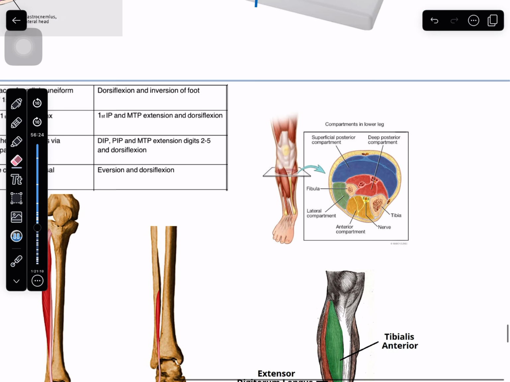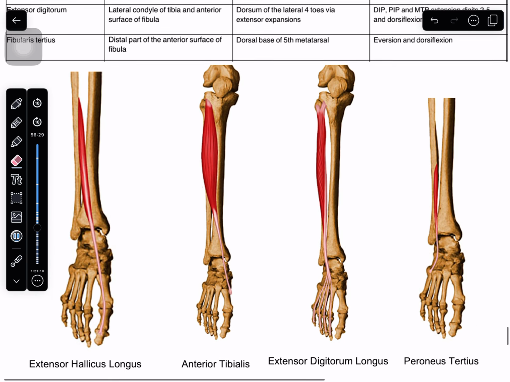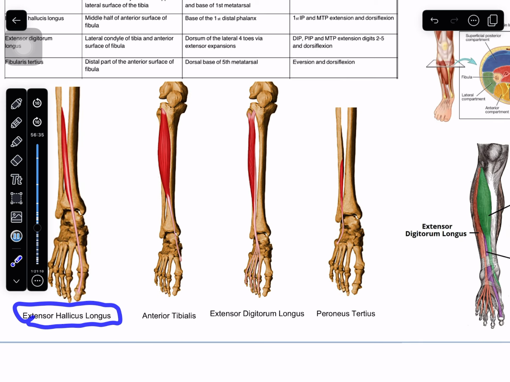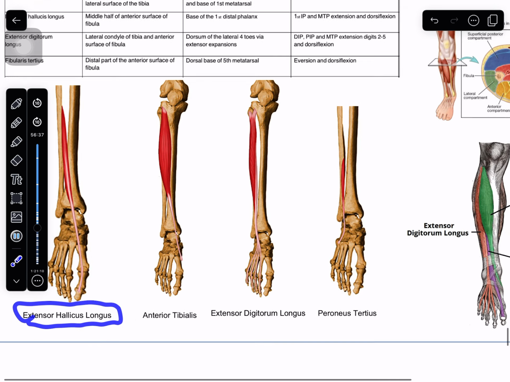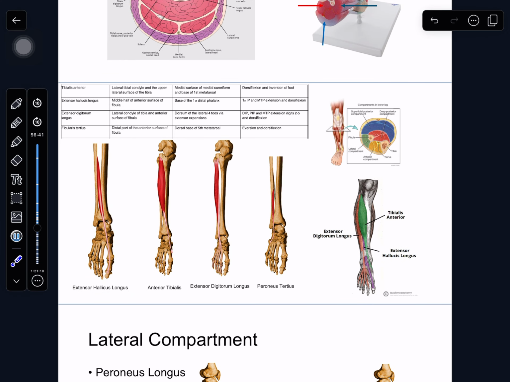So as we look at the individual muscles, we're going to start on the left here with the extensor hallucis longus, right? So our extensor hallucis longus, we can see, is coming from the middle third or middle portion of the fibula, crossing over the ankle joint, right? And it's going to run all the way down and insert into the dorsal portion of the distal phalanx on the first digit.